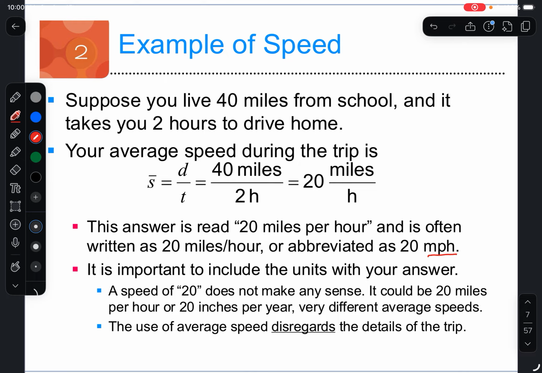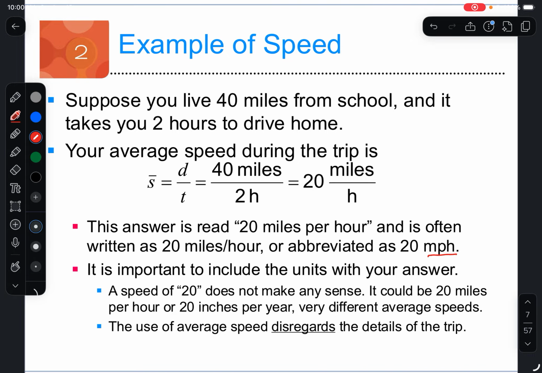It's very important that you put your units with your answer, because if you just told me my average speed was 20, I have no idea what units you're talking about. Okay, now keep in mind when you're looking for average speed, you're disregarding the specific details of your trip.